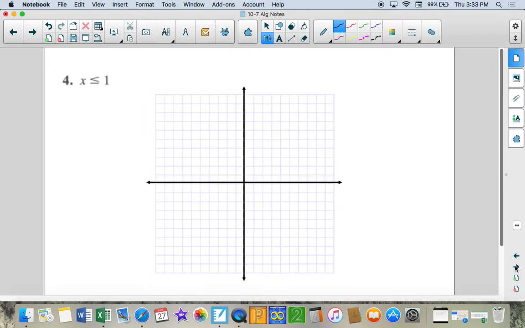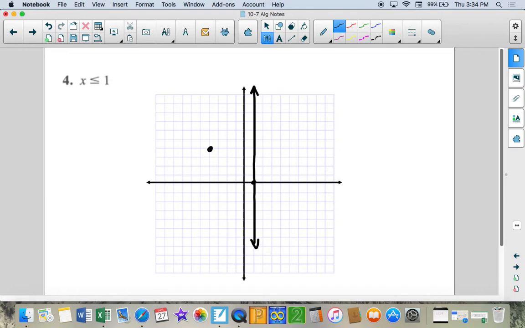When we have a single variable, we know that it's going to either be horizontal or vertical. So when it's one value, we know that the line's going to cross the x-axis at 1. Here's where it's 1, and we're going to draw a line. That is the graph of x is equal to 1, and now we have to test. And the easiest way to do this is test a point.